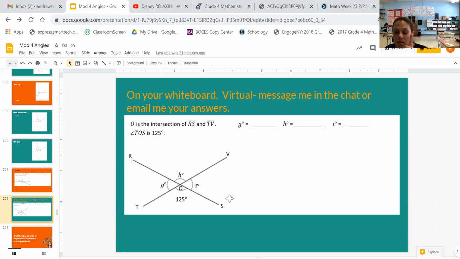So I would personally start with H. If this is opposite, what would it be? Then you're going to look for 180 degrees. Okay? I want you to try it. It's not for a grade, just seeing what knowledge you have of angles. We know the whole thing is 360. We know opposite angles are equal or congruent. Try it out.